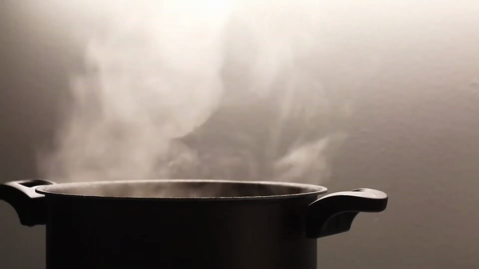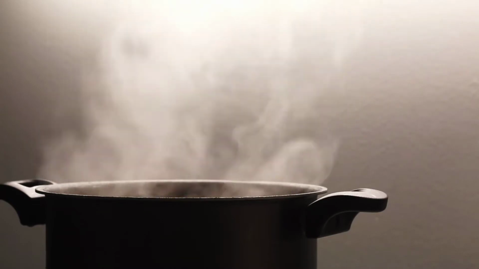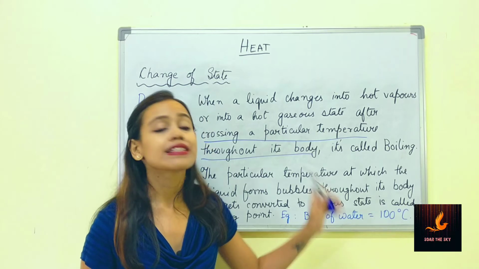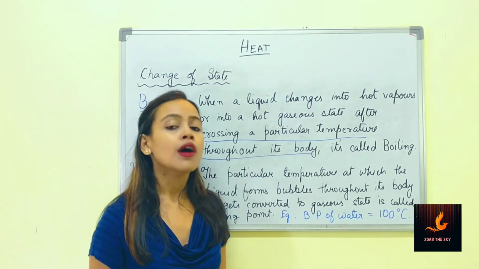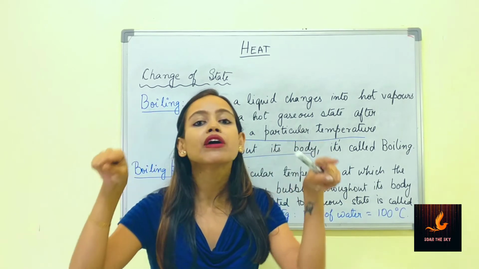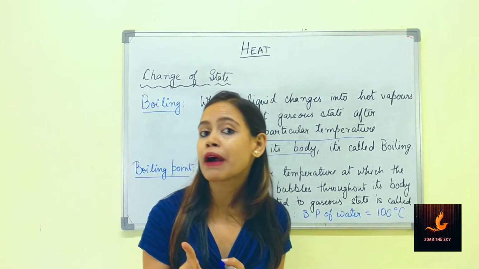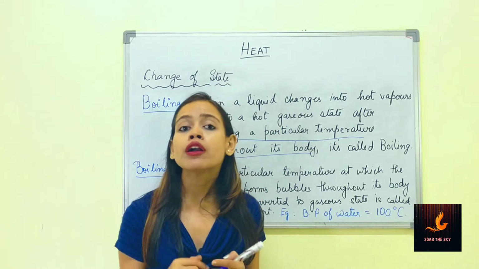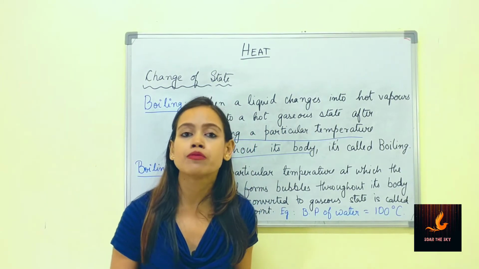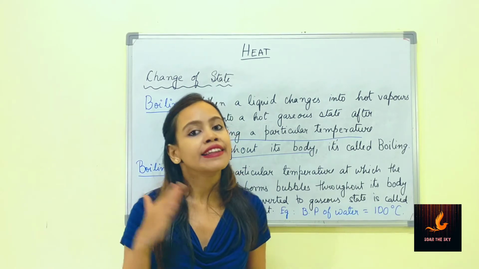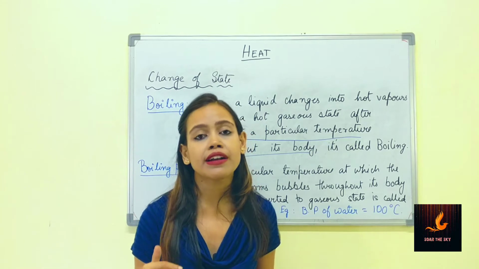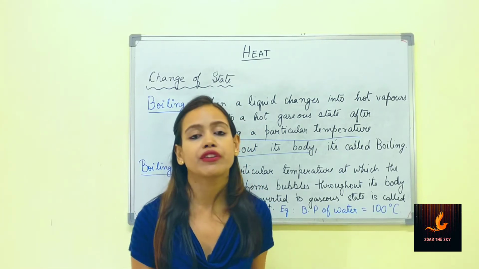That temperature is called the boiling point, and the boiling point of water, as an example, we can say is 100 degrees Celsius. Before 100, you can find small tiny bubbles forming on the surface, but that is not boiling, mind you. For the water to reach its boiling point, it has to form bubbles throughout its body, and then only it will reach the 100 degrees Celsius mark and it will readily form hot vapors.